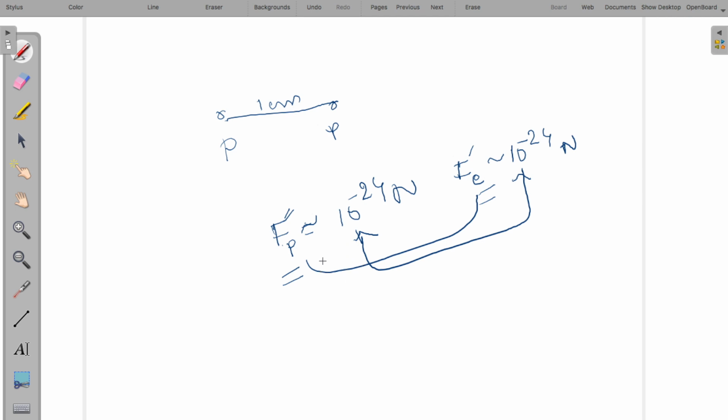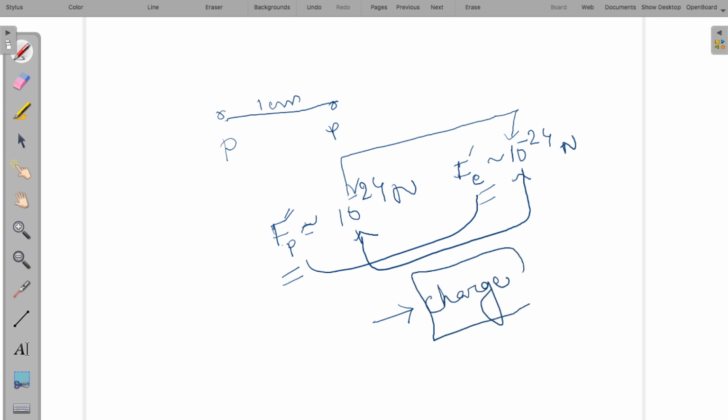So it was now discovered that there is some additional property of the elementary particles, electrons and protons, for which they show this similar behavior of repulsive force, and this property is given the name charge. So the concept is now clear.